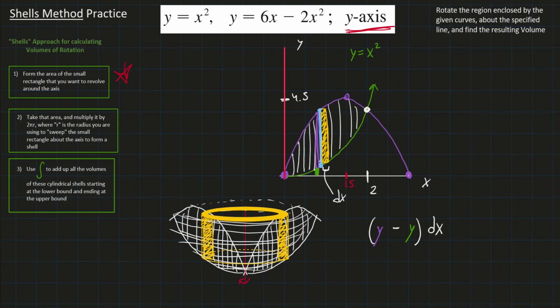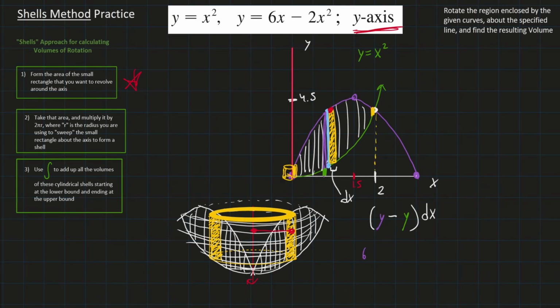But as we see here, we've got to make this whole thing be in terms of x. So I'll write 6x minus 2x squared, because that equation gives me those purple y's, minus x squared, because that equation gives me the green y's. And this whole thing, of course, multiplied by dx.